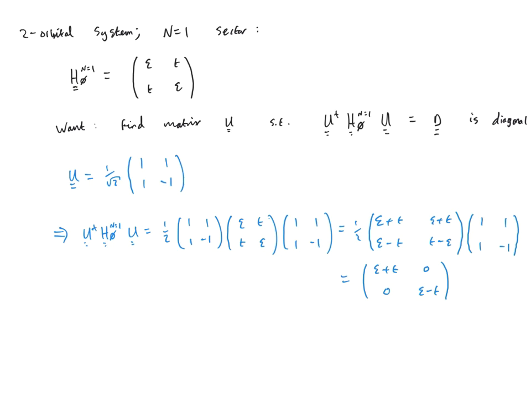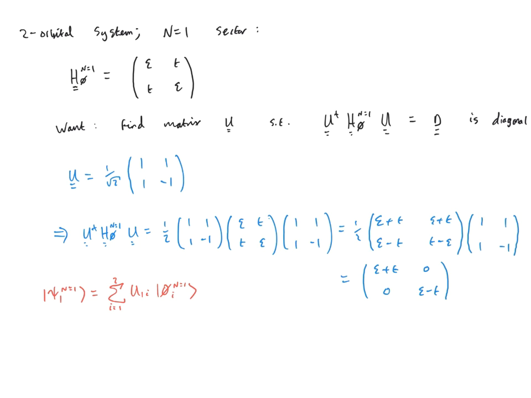So I can just extract this information and say that I have an eigenstate psi 1 in the n equals 1 sector, and that's going to be the sum over i from 1 to 2 of U 1i of our basis states phi i in our n equals 1 sector.